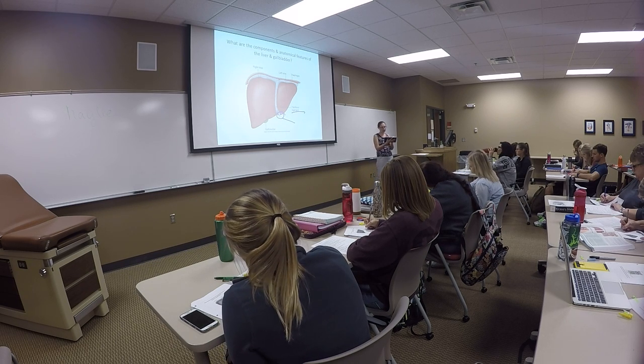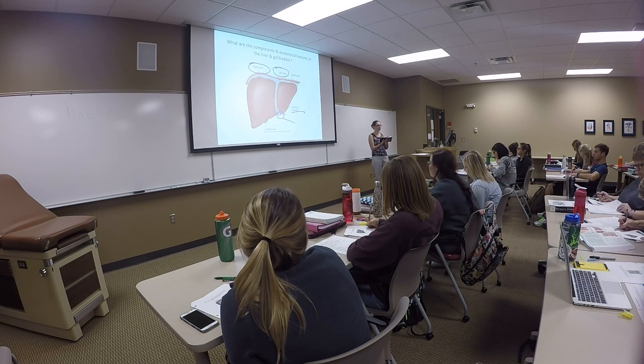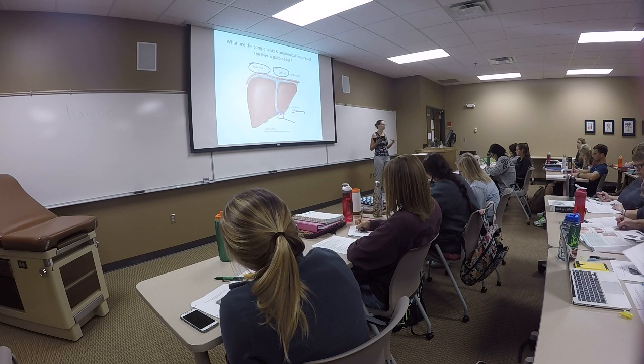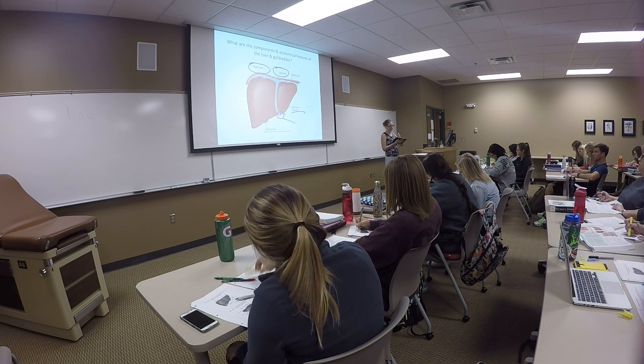Just want to note that the right lobe and the left lobe, and the other lobes that we'll talk about, are superficial lobes. It's not a functional segregation, it's just anatomical. Okay?